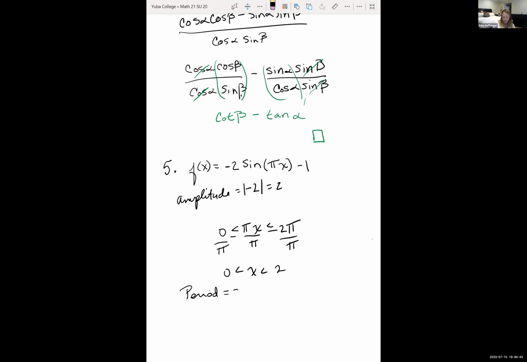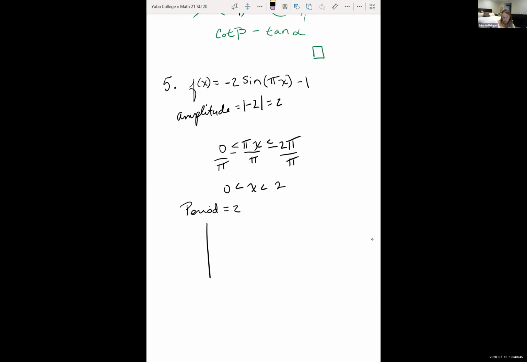And so if I split this up, we have 0, we have a halfway mark, which would be 1, and then a 3/4 mark, and then 2. So halfway between 0 and 1 is a half, halfway between 1 and 2 is 3/2, or 1.5, or 1 1/2.